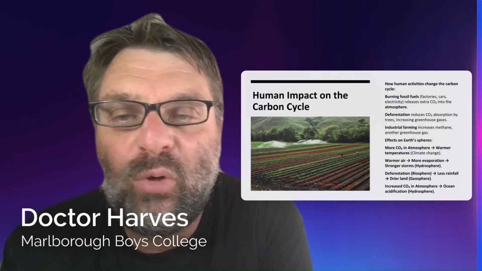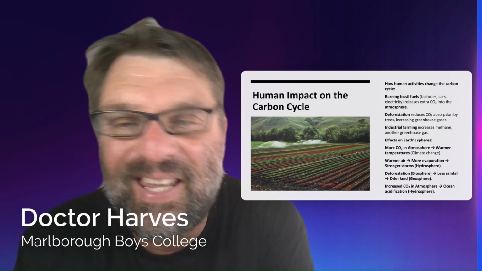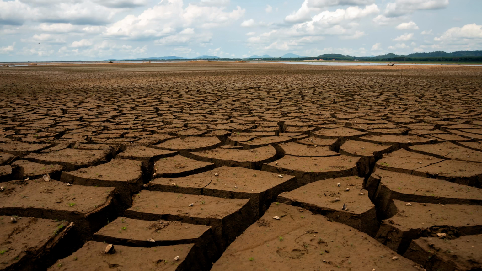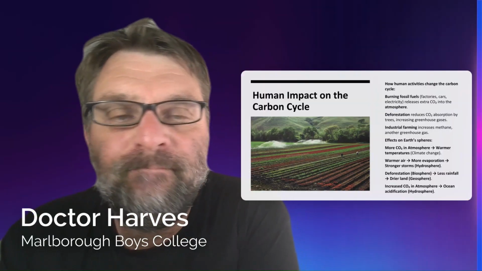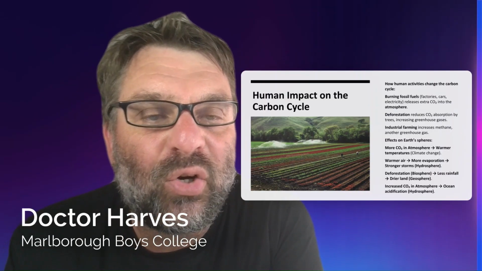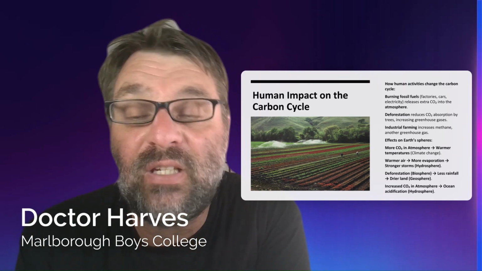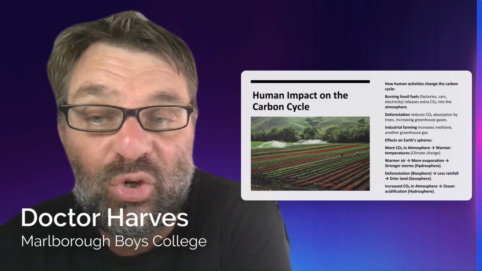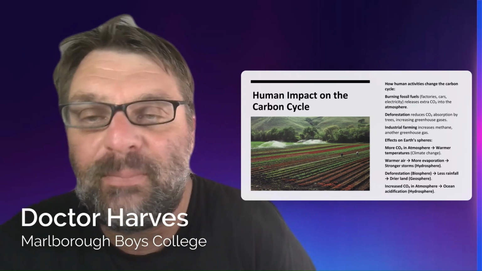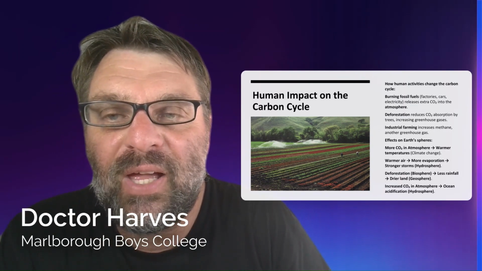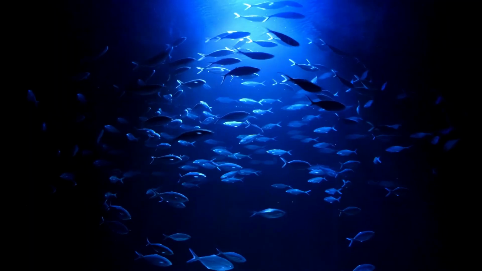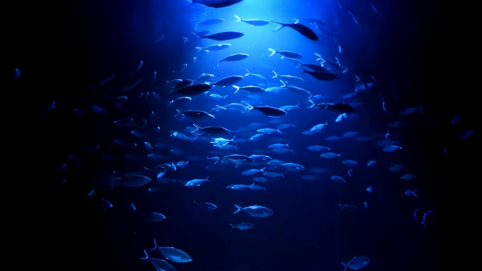You get less rainfall due to less transpiration, so you can see that link between the water cycle and the carbon cycle, and that leads to drier land, so more droughts. And finally, increased carbon dioxide in the atmosphere can lead to ocean acidification in the hydrosphere, which isn't great, because that's going to affect the biosphere as well, because organisms don't really like living in low pH environments.